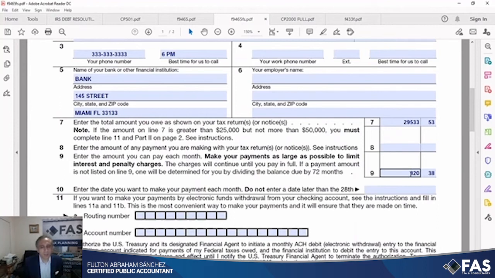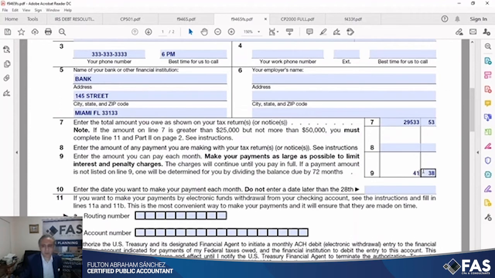You are required, or you are applying to the IRS for a lower amount. For example, if I want to do the minimum payment of, in this case, $29,533.53 divided into 72, that will be the maximum, it is 410.